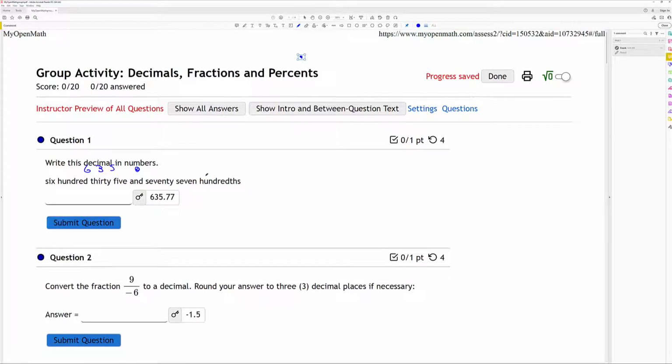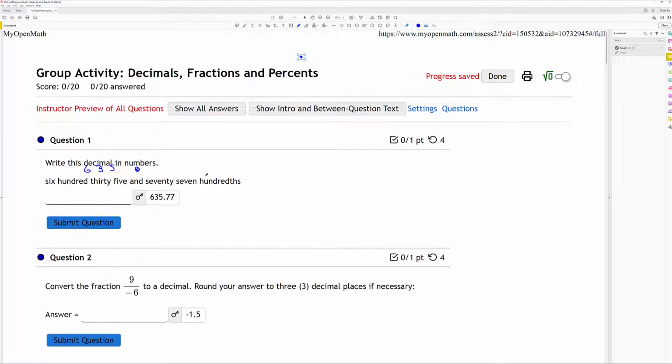And it says here, go out to the hundreds place and backfill it with 77. So our final answer is going to be 635.77.